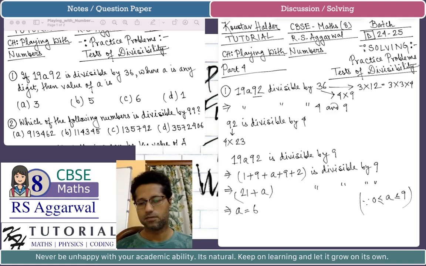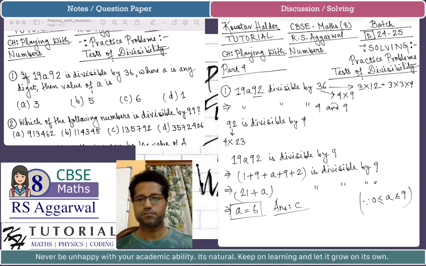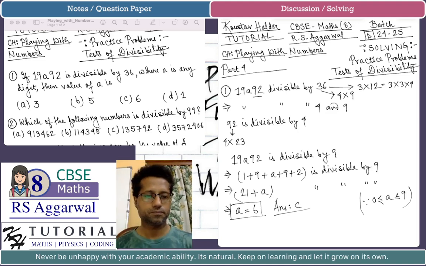There is no other value of A which will make 21 plus A divisible by 9. So we clearly see that A is equal to 6, and the answer is choice C.